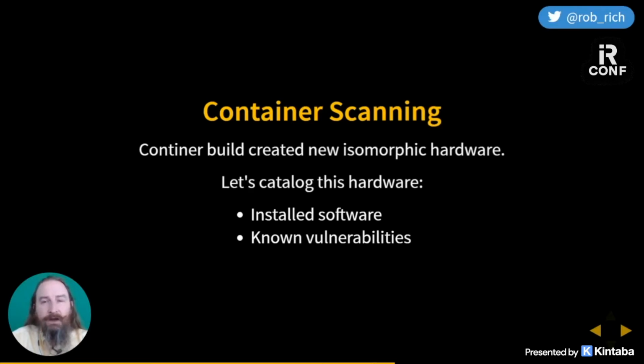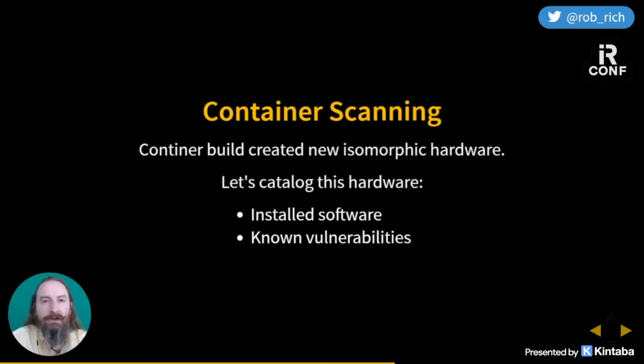As we do container scanning, we're going to do two processes. The first, we're going to list the installed software on this machine. And second, we're going to compare that to a list of known vulnerabilities. Now, as we list the software in the machine, we may look at lots of different sources. Maybe we're looking at apt packages and Debian tarballs, but we're also looking at NPM dependencies and Maven dependencies, pip packages.